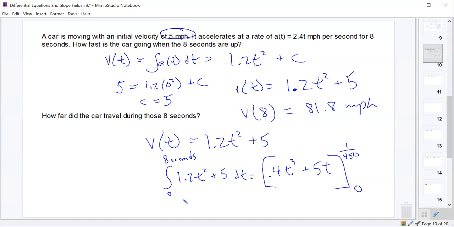And so what does that give us? It gives us 0.4 times 1 over 450 cubed plus 5 over 450 minus 0 plus 0. And you can give me a decimal for that, that's fine.